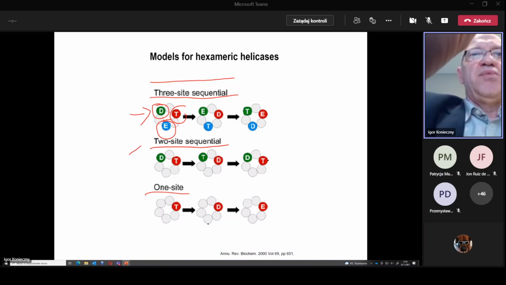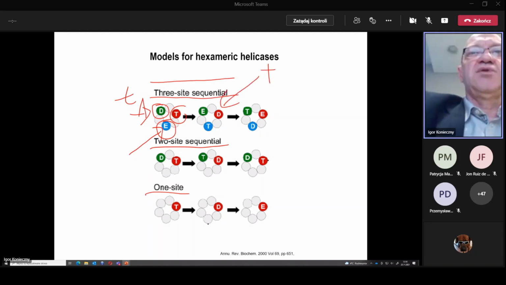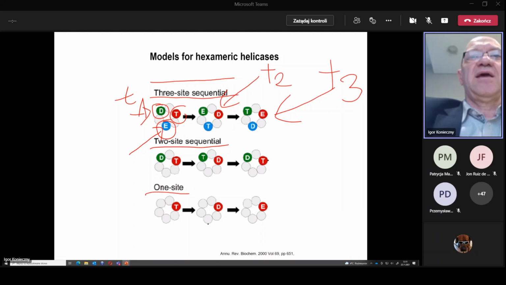Let's say this is time 1, this is time 2, and this is time 3. It's sequential, what happens within the subunits. The empty subunit, the blue one, is bound by ATP.